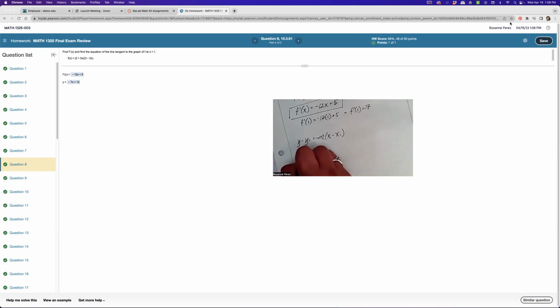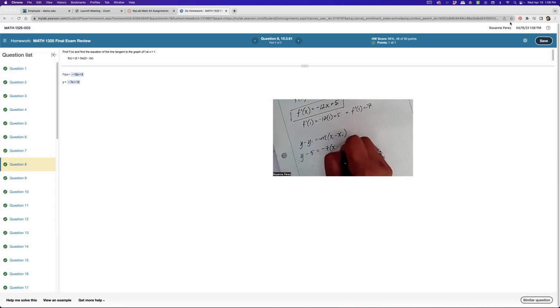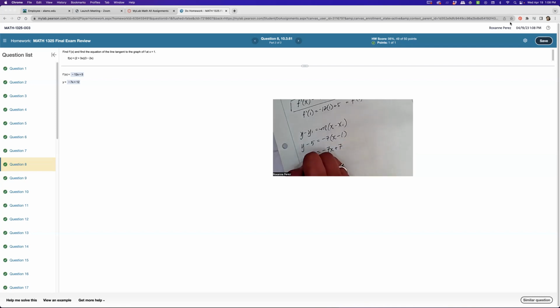So y minus 5 equals negative 7 times x minus 1, which equals negative 7x plus 7. We're going to move this 5 to the other side of the equal sign. So y equals negative 7x plus 12.